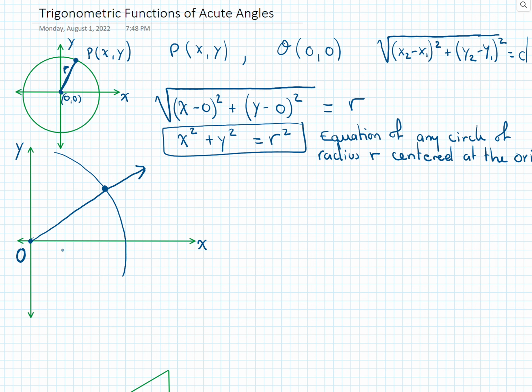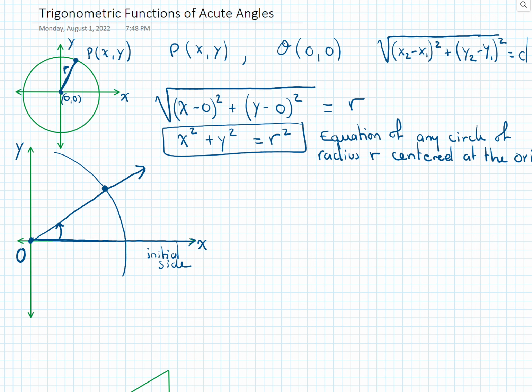And if I'm thinking about my x-axis being the initial side of a ray, so that will be my initial side of an angle centered at the origin. And then I'm opening up. So imagine you take that x-axis and you're opening it up counterclockwise.